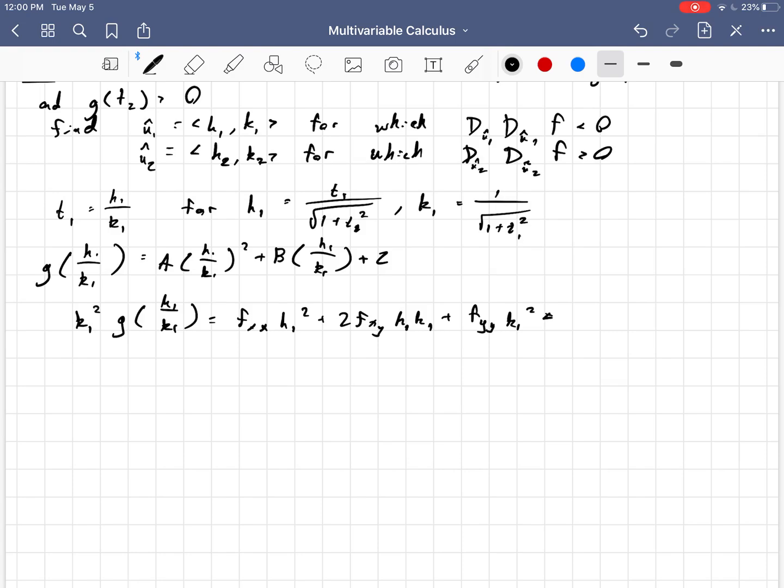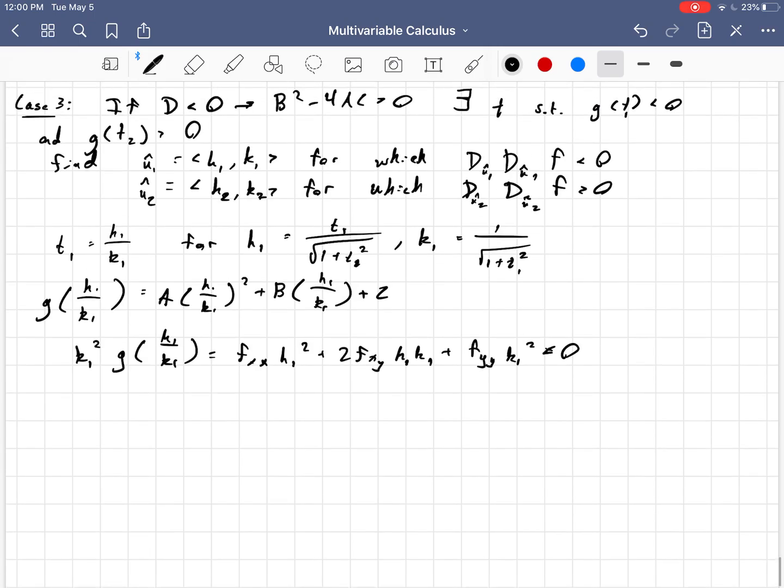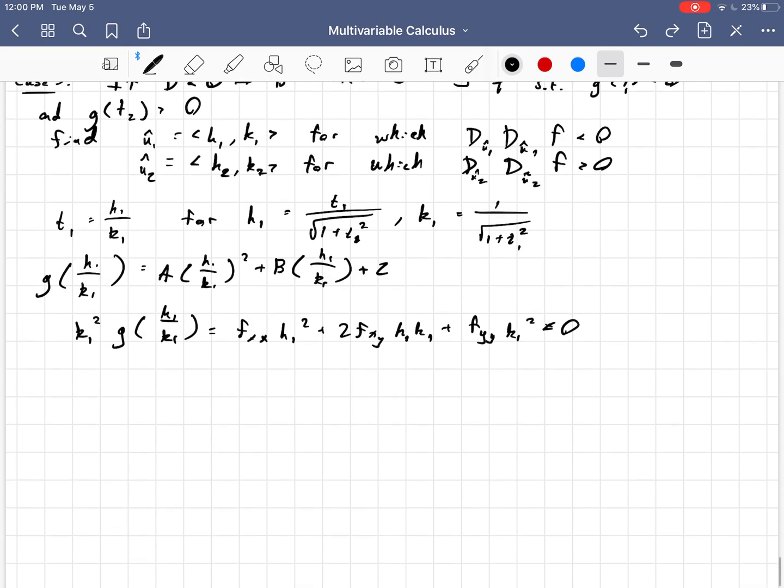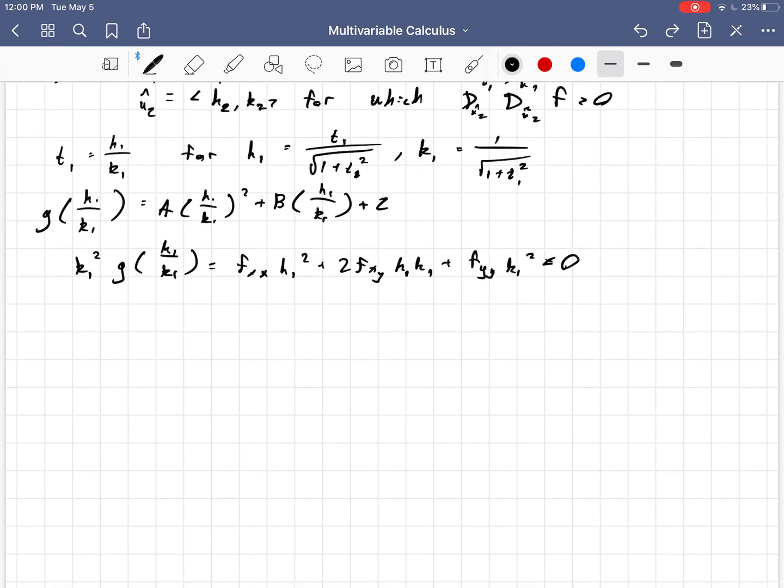And all of that is going to be less than 0, right? Because we assumed that this is the first subcase of case 3. This is the part where we assumed g of t sub 1 to be less than 0, so this whole thing is going to be less than 0.